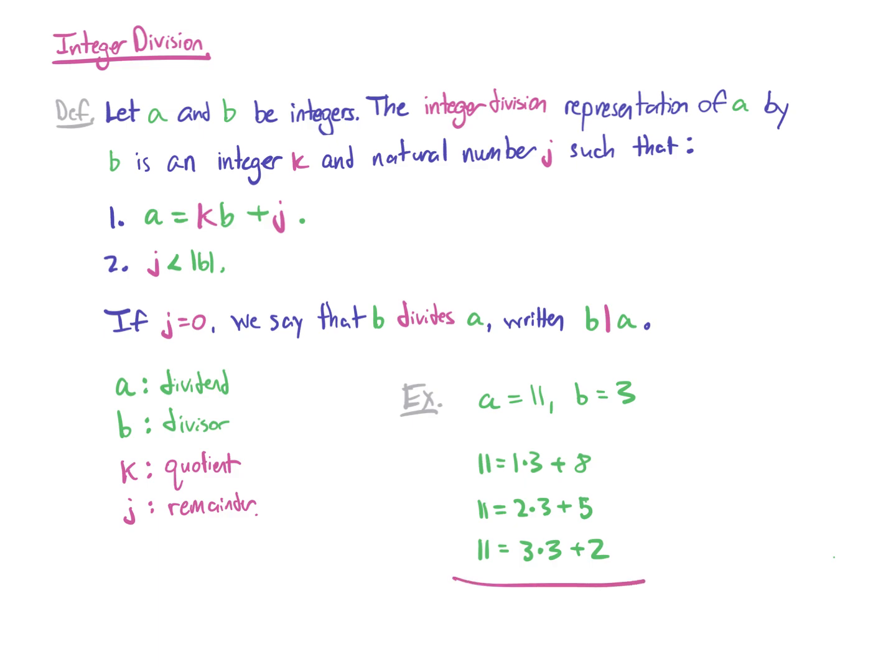That means this expression is the integer division representation of 11 by 3. I have a quotient of 3 and a remainder of 2. The integer division representation is in fact unique. There's only one for every pair of integers, and that's something that we will be able to prove later.